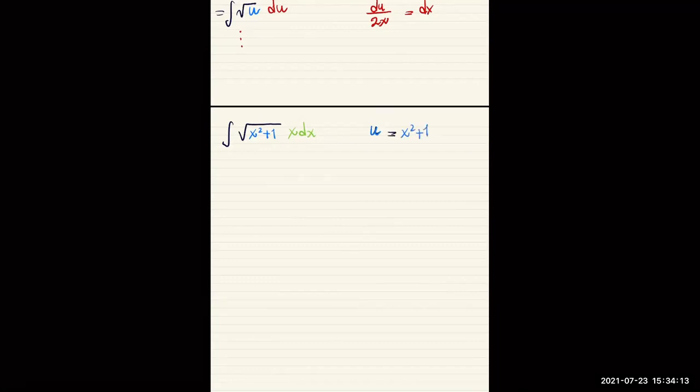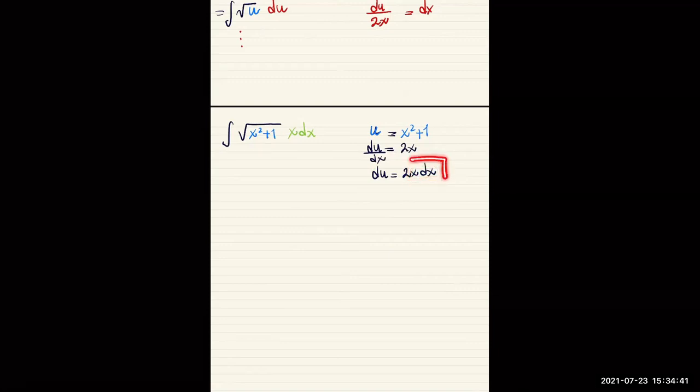Okay, so du over dx again is equal to 2x, so du equals 2x dx. I look at my integral, I see that there is an x dx. I look at this relation, I see that there is an x dx right there.